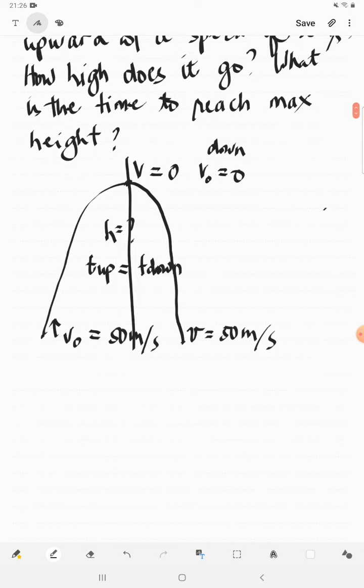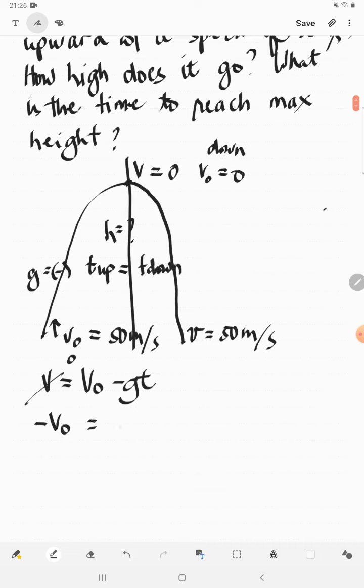So this is our given. You have the v naught, of course. The g going up is equal to negative, so you have to remember that. Using our equation, v equals v naught minus gt, and at maximum height, v equals 0. Therefore, negative v naught is simply equal to negative gt.